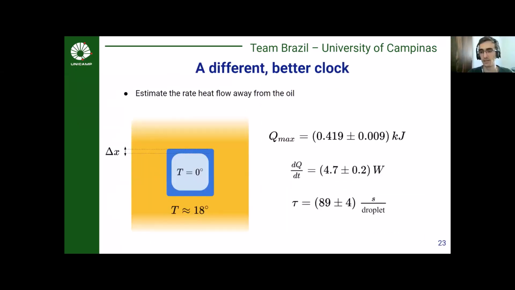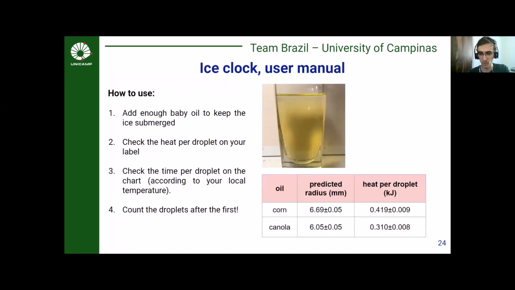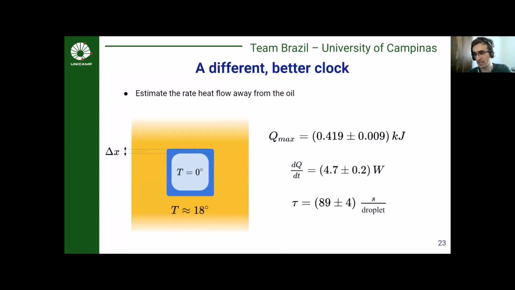The 4.5% is just this comparison of 4 seconds every 1.5 minutes. The tau is the number, and the uncertainty comes from our result for how much time it takes for a droplet to melt in this particular vegetable oil. Is this the standard deviation?